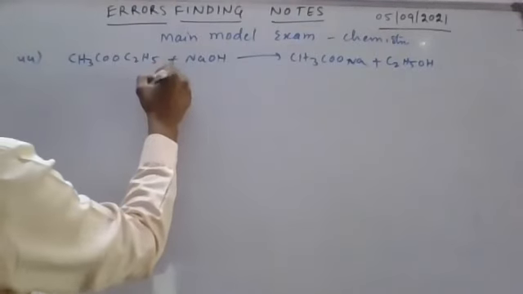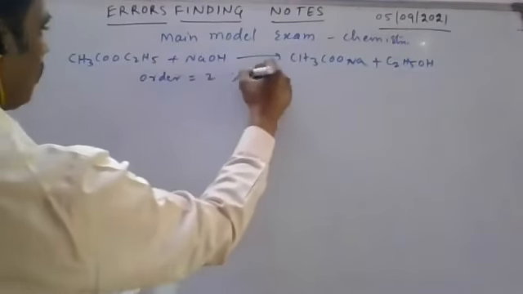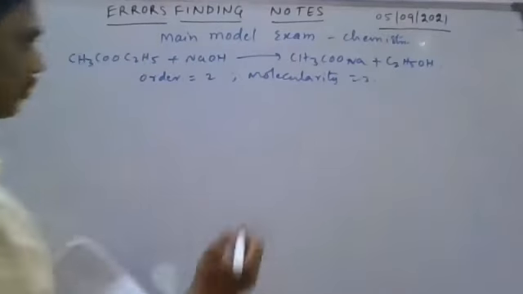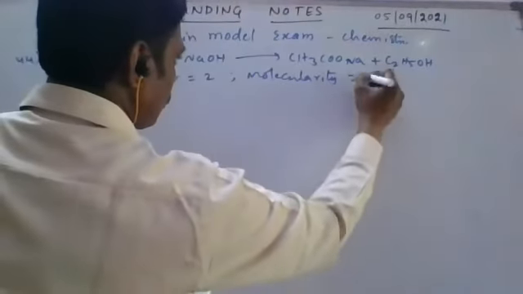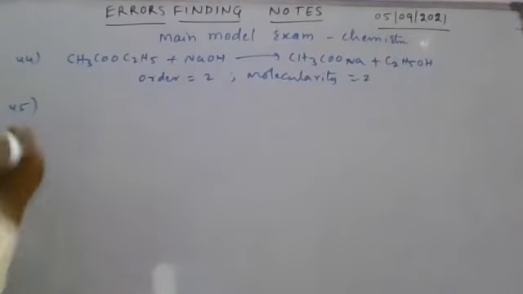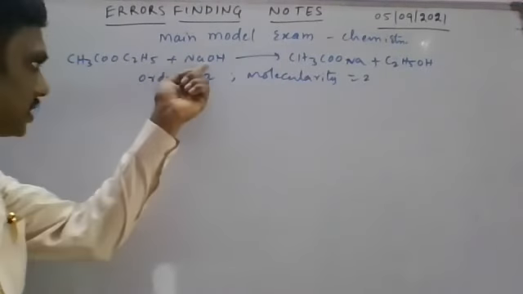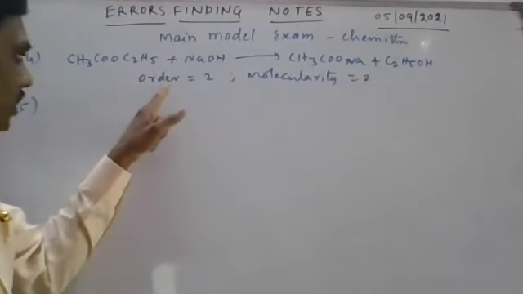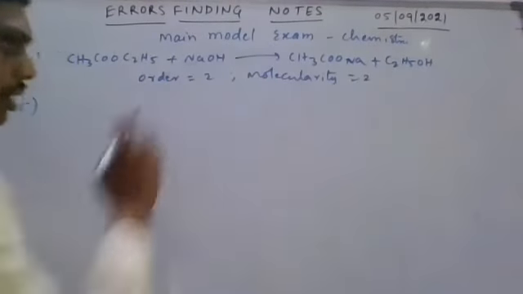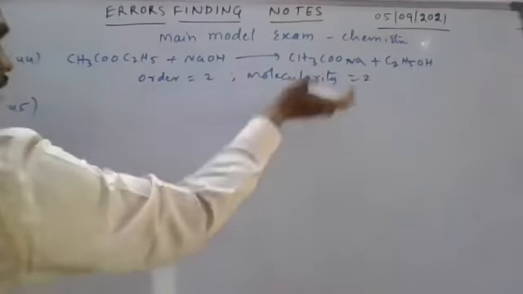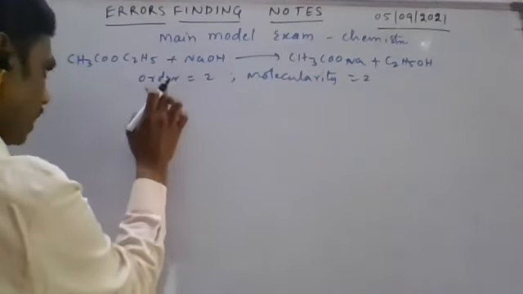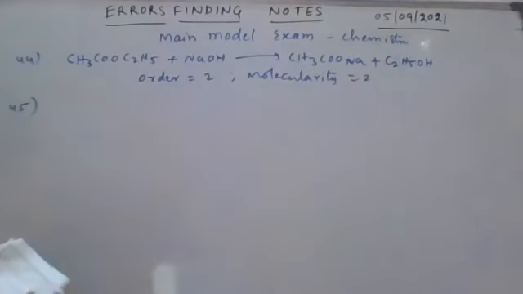Here order is 2 and molecularity also 2, a bimolecular second order reaction. If it is ester hydrolysis in the presence of acid, the order is 1 and molecularity is 2, bimolecular. Here this is basic medium, so order 2 and molecularity 2.